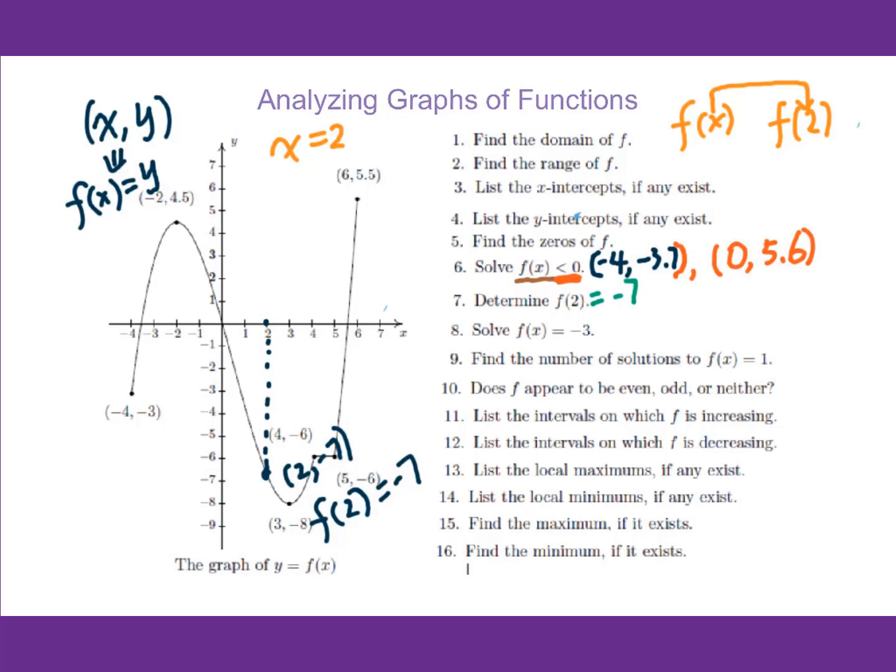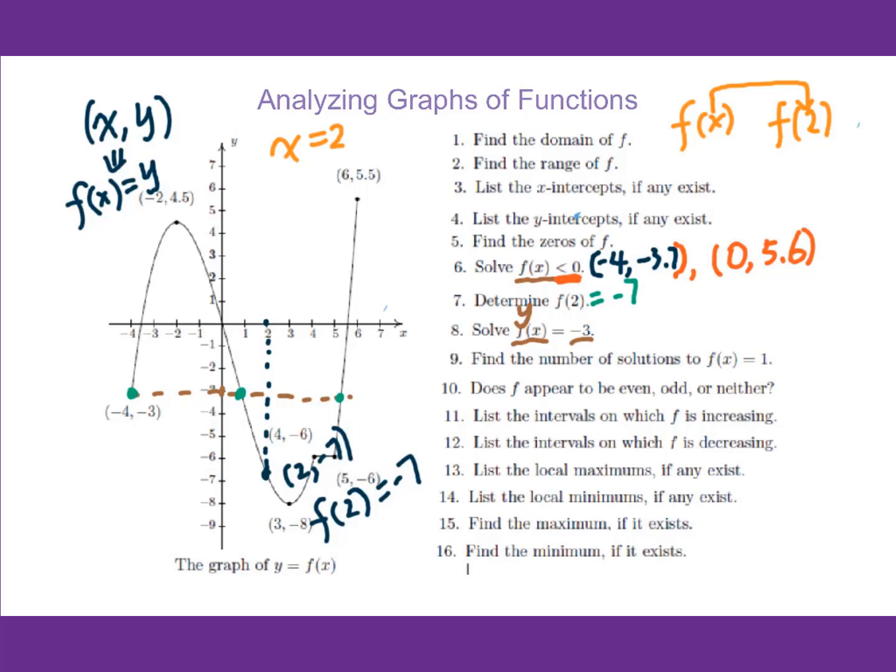For number 8, f(x) equals -3. f(x) means y. So on the y-axis, we need to find this -3. Then you draw a horizontal line. It intersects the graph 3 times, so we get 1, 2, 3.